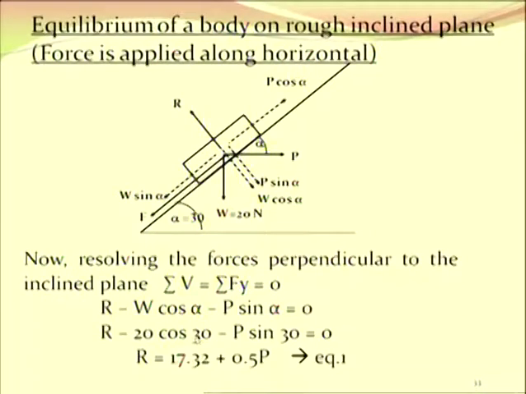By simplifying this, on taking to the other side, R is equal to 17.32 plus 0.5 P. That becomes equation number 1. So we have obtained a value of R in terms of P.